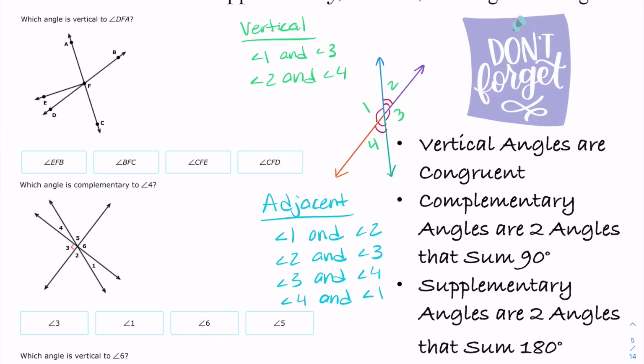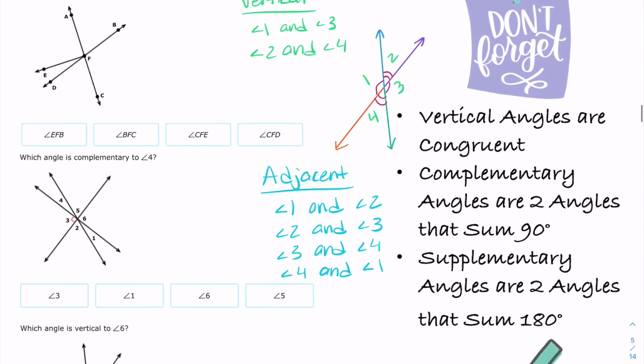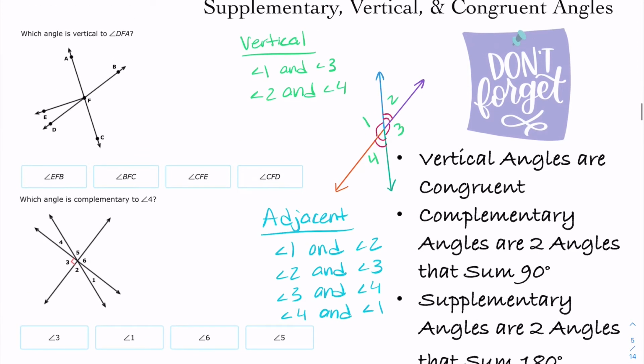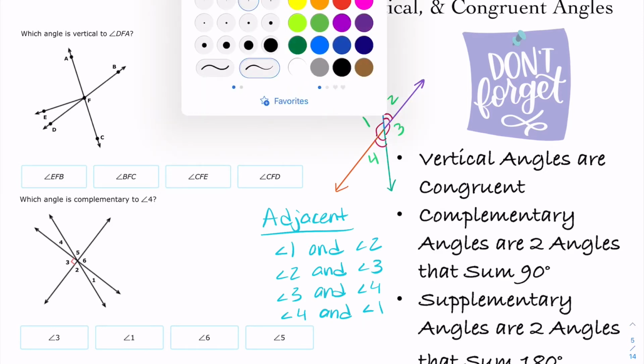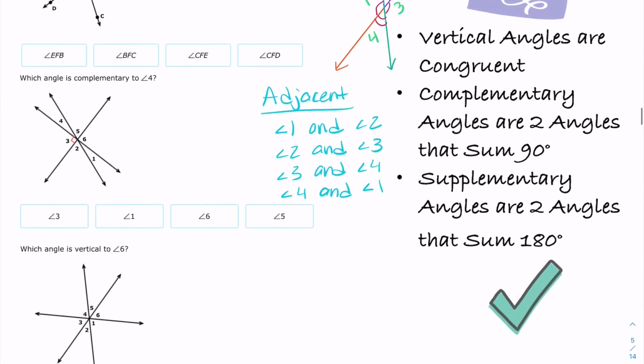So we have adjacent, we have vertical, and then supplementary ones. If I wanted to do supplementary for this example, let me change to this color.